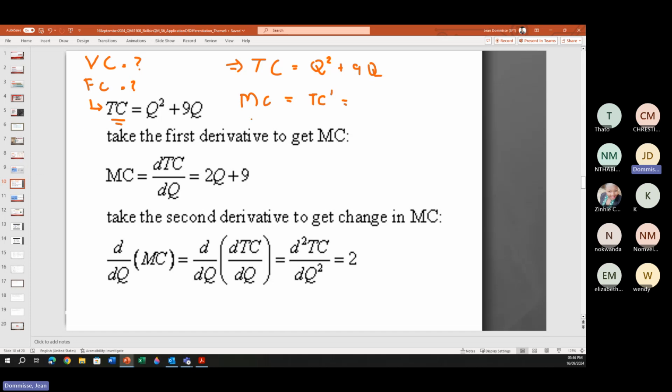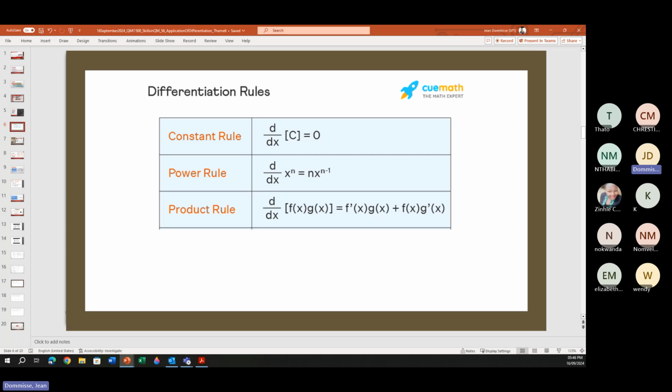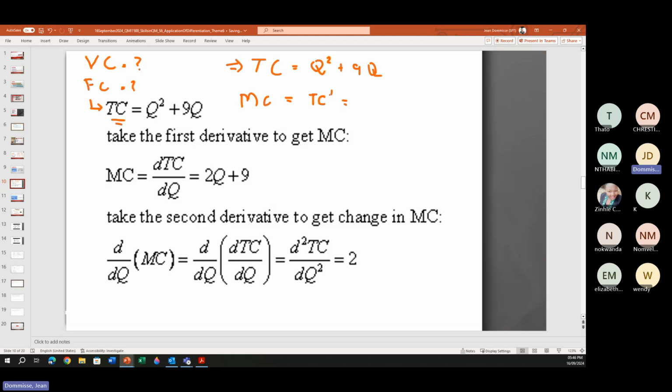When I look at this function, what we're going to use is the power rule. So the 2 goes in front of the Q, and then the exponent becomes 2 minus 1.